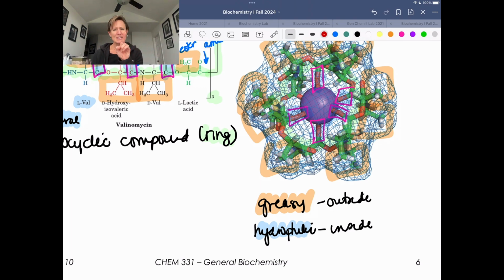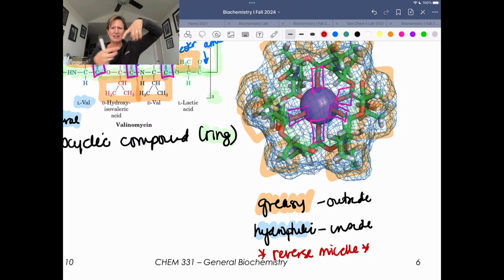So what I want you to think about with this structure is a reverse micelle. Remember when we talked about micelles? Micelles were formed when we had fatty acids with a hydrophobic tail and a hydrophilic head group all associated with one another. These greasy tails, I want you to think about like a drumstick ice cream cone, right?